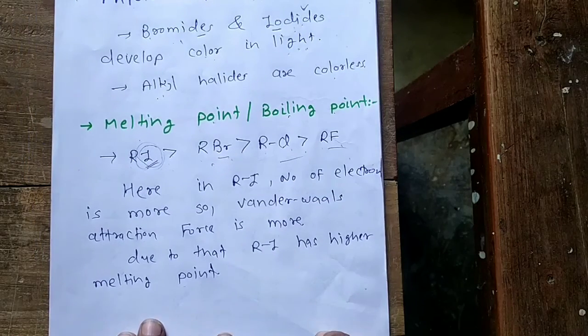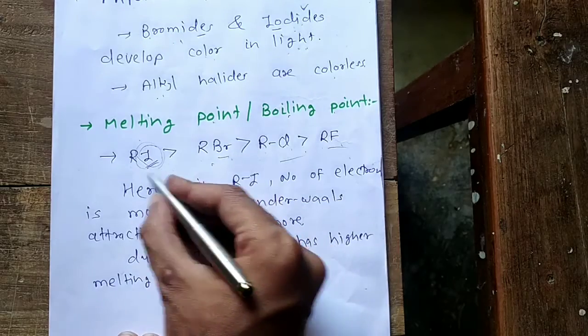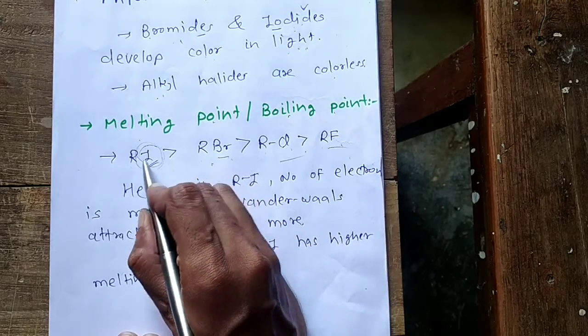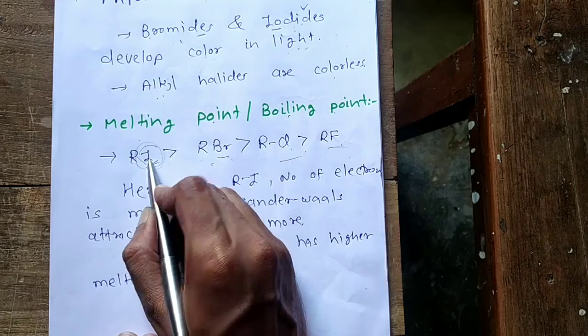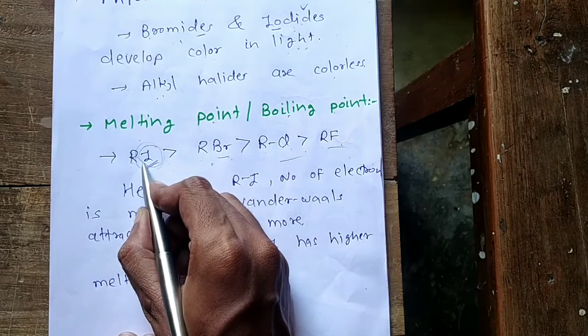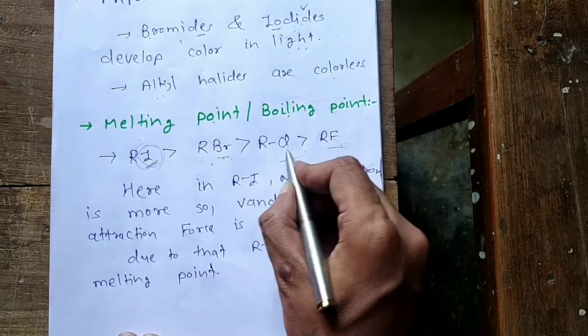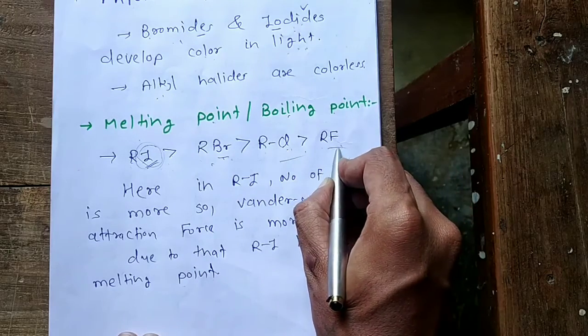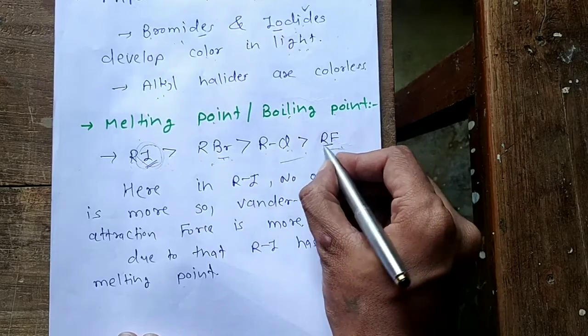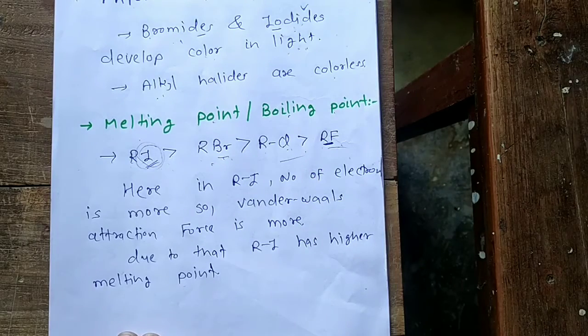Next one is melting point and boiling point. Here the order is given to you. Iodide compounds have the highest melting point and boiling point, then bromide, then chloride, and last one fluoride. So the least boiling point is of fluoride. Why is that?